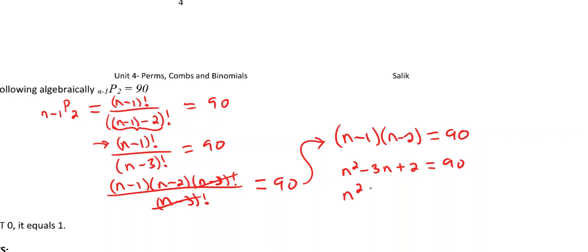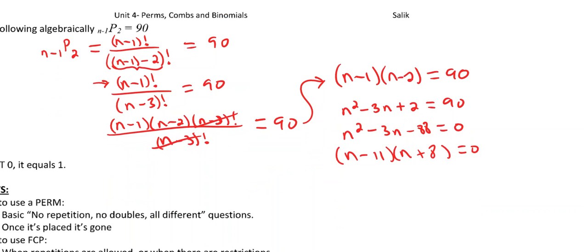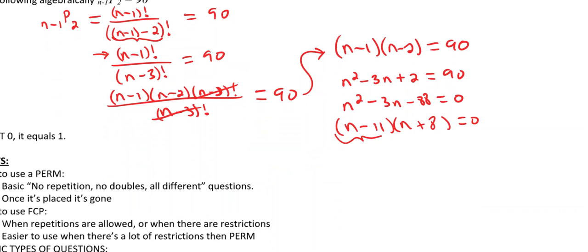So then n squared minus 3n minus 88 is equal to 0. And then we'll factor. So we get n minus 11 and n plus 8. So our answer here would be, really just this one in the end. It's going to be n is equal to 11. This one would be n is equal to negative 8, but we know that that's not really going to be an answer for us. So there's our answer.